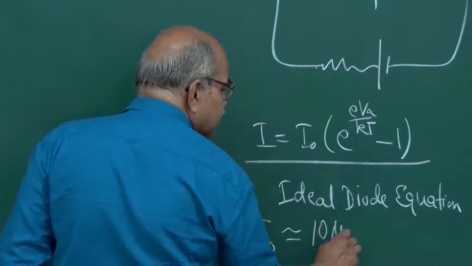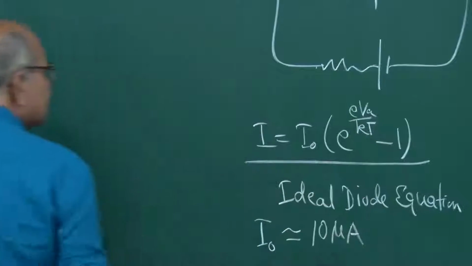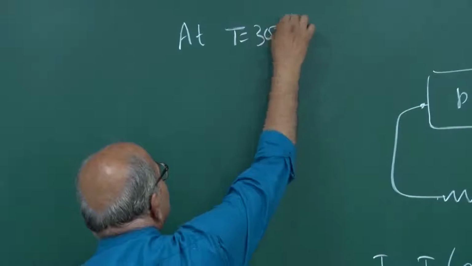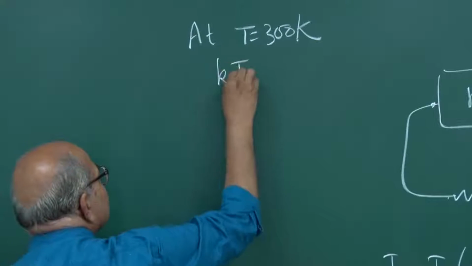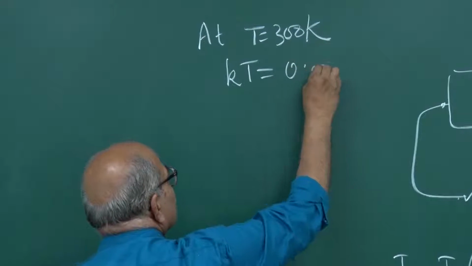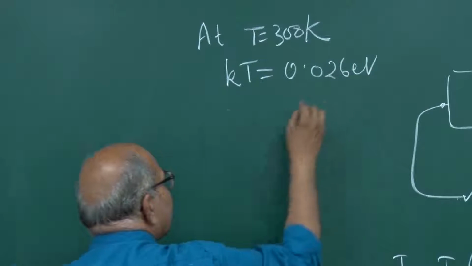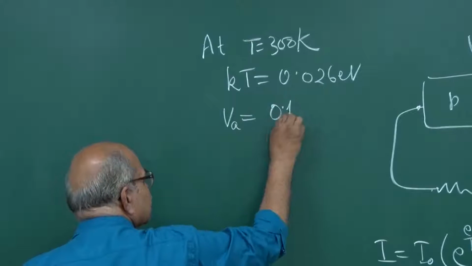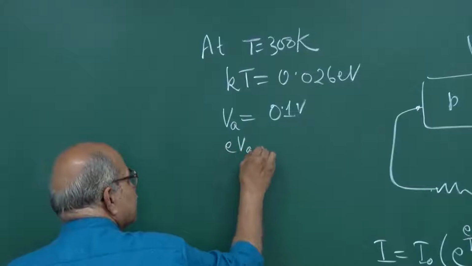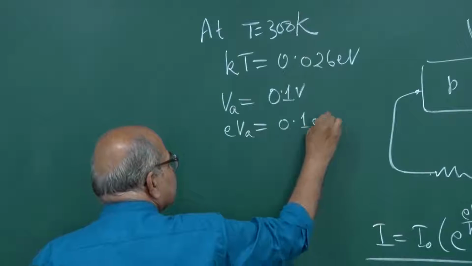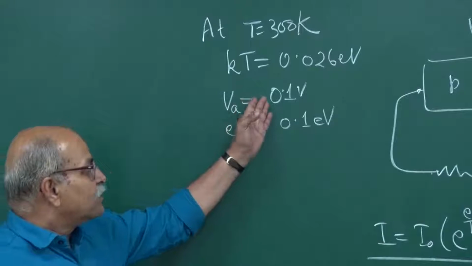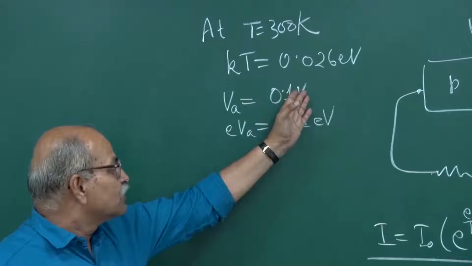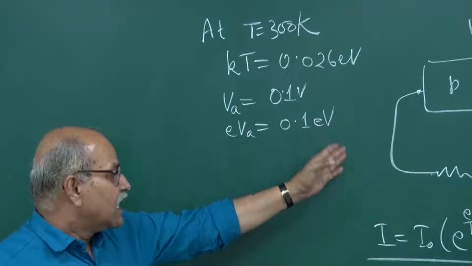So, let us say 10 microampere, and at room temperature, at T equal to let us say 300 K, this KT is 0.026 eV, and if you apply say VA is equal to say 0.1 volt, that means E times VA will be 0.1 eV. So, similarly for different applied volts you will have the same number, but this volts will become electron volts, and EV by KT.